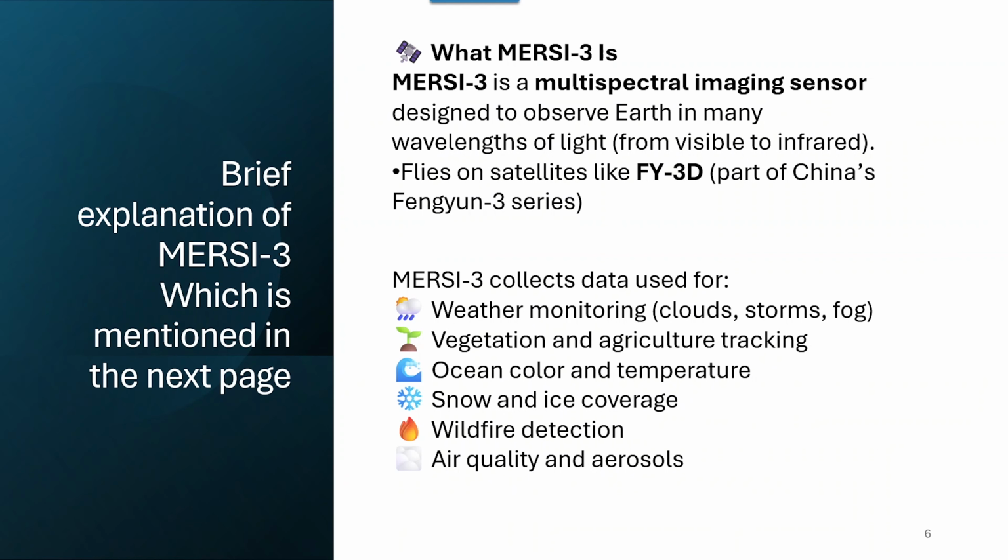We're going to now give you a brief explanation of MERSI-3, which we're going to mention in the following slide. Well, what is MERSI-3? It is a multispectral imaging sensor designed to observe Earth in many wavelengths of light, from visible to infrared, and it flies on satellites like FY-3D, which is part of China's Fengyun-3 series.